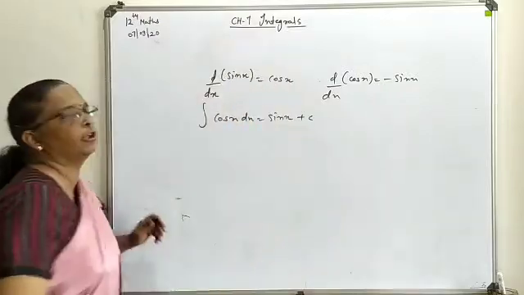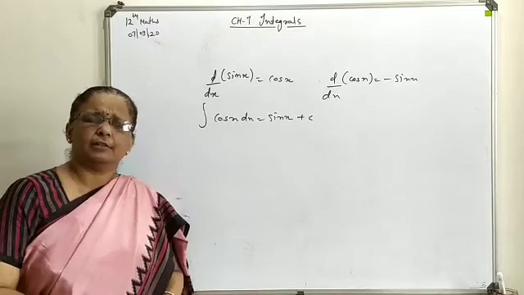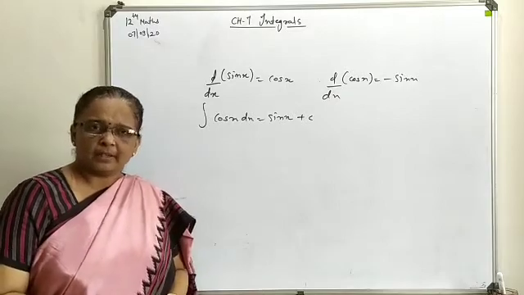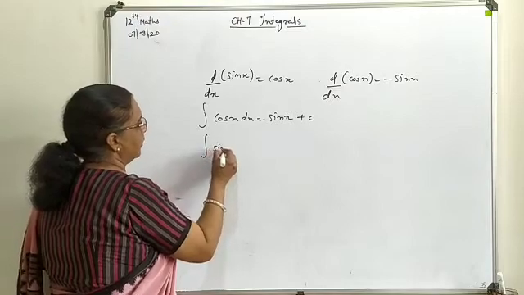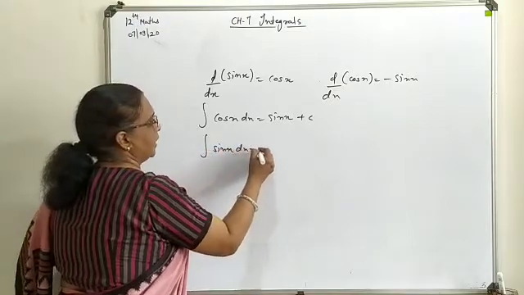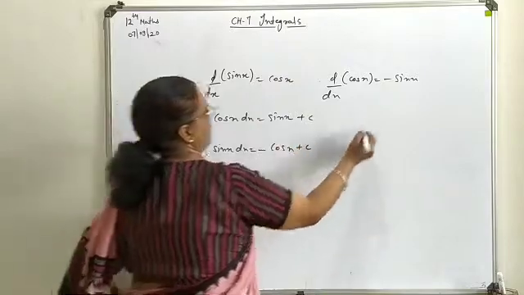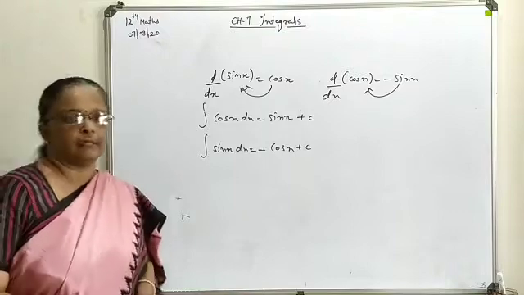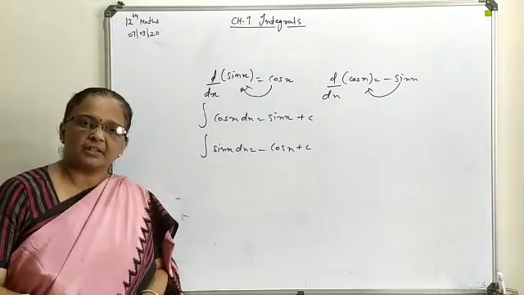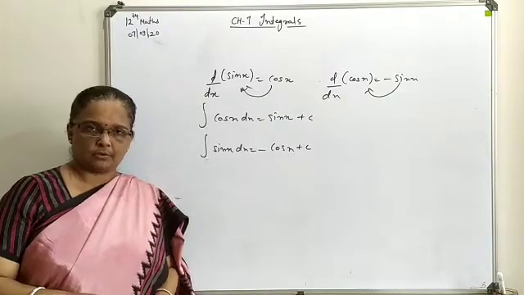Normally when dealing with sine terms we deal with the positive sign, but when you write the integration of sin x, you will write minus cos x. So you can understand that you follow just the reverse order while writing the integration of any term. The same is applicable to other combinations also.